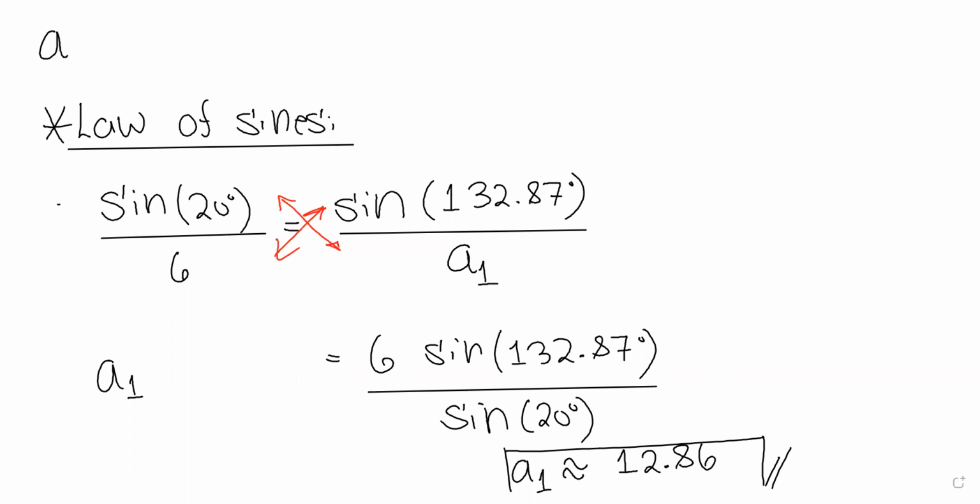Excellent. Now I need to build an equation again using law of sines. I'll start it just the same. I'm going to do sine of given angle over its length equals sine of A2 over little a2.